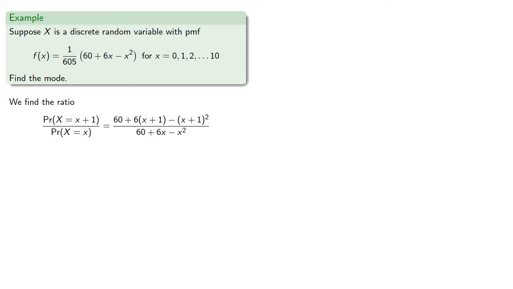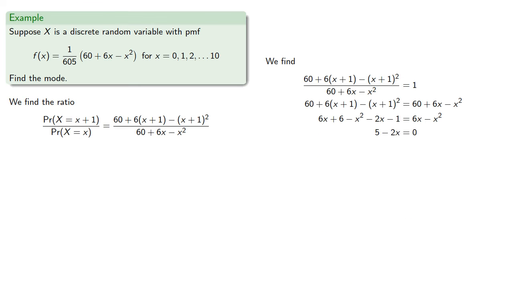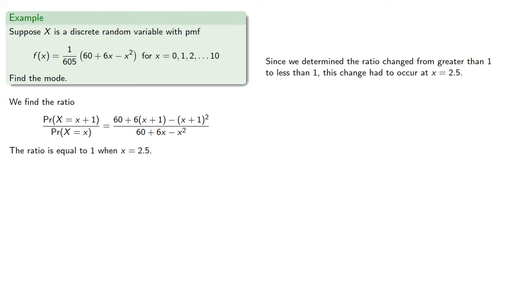If our ratio is equal to 1, we can solve and find that the ratio is equal to 1 when x is 2.5. Since we determined the ratio changed from greater than 1 to less than 1, this change had to occur at x equals 2.5.